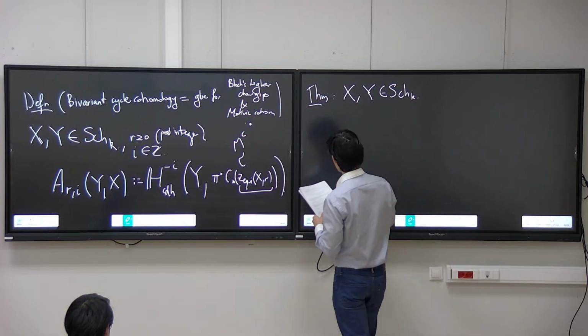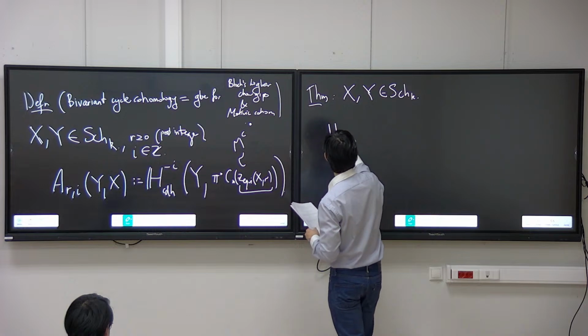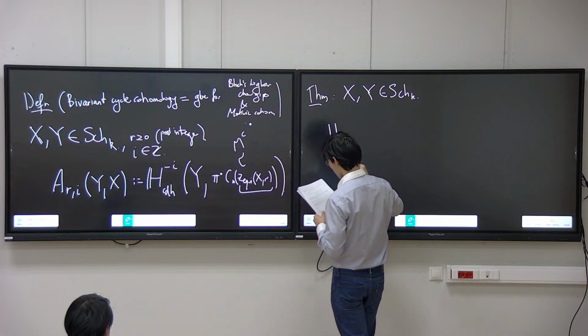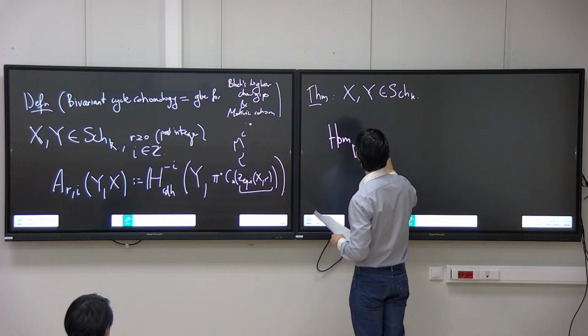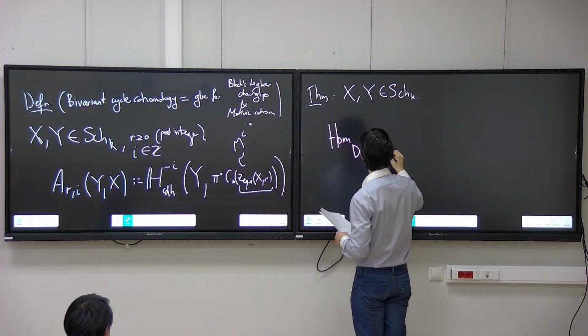Then there's an isomorphism in the category of effective motives.